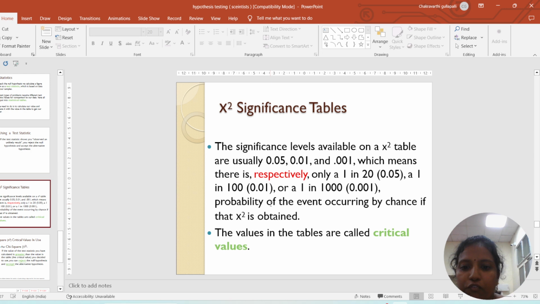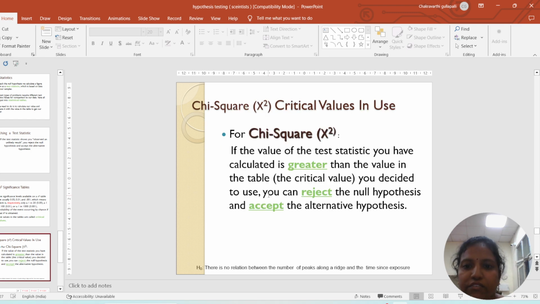The values in the tables are called the critical values. In the chi-square test, critical values are used for the test statistic. If the test statistic we calculate is greater than the value in the table, that is the critical value, we decide to reject the null hypothesis and accept the alternative hypothesis.